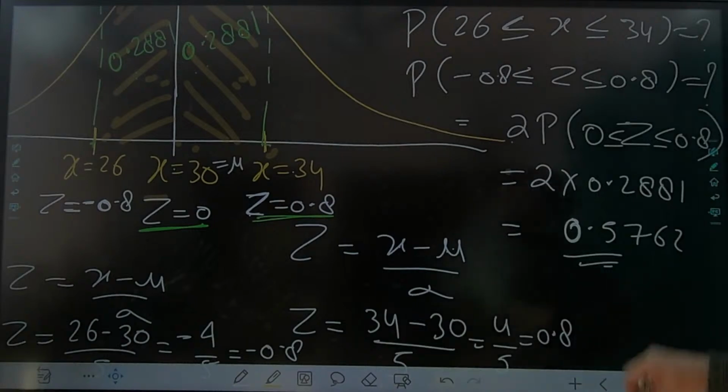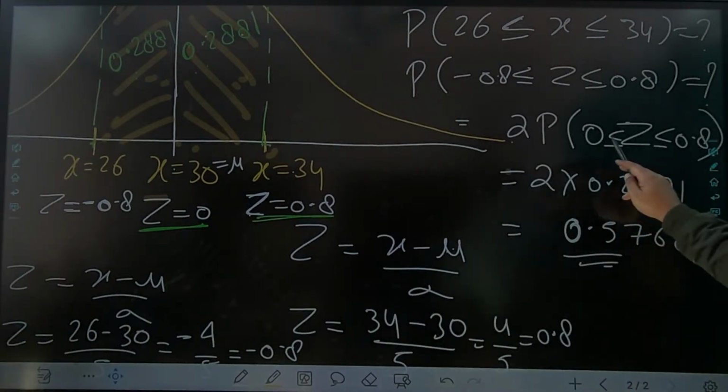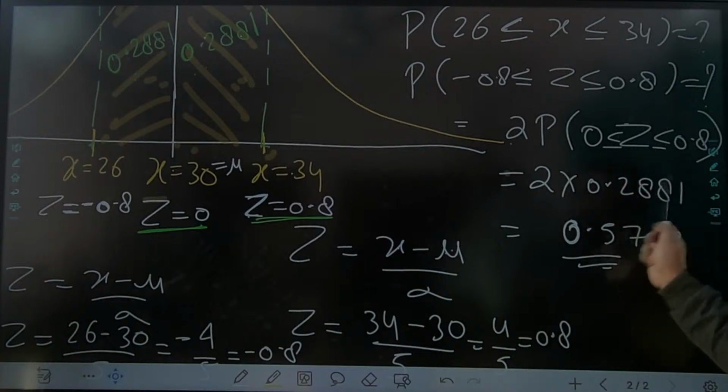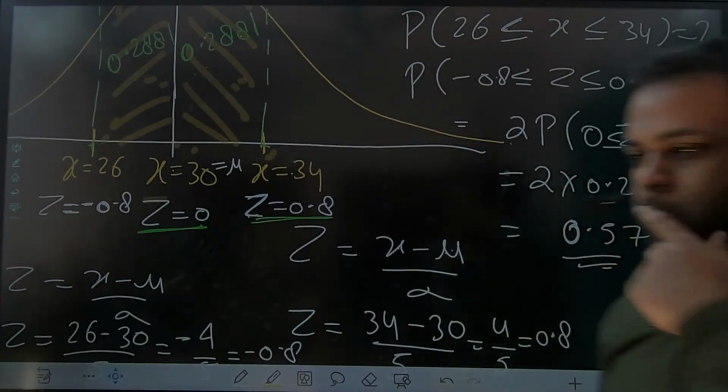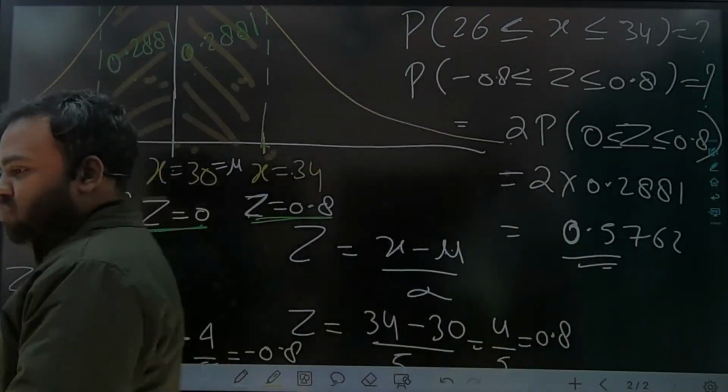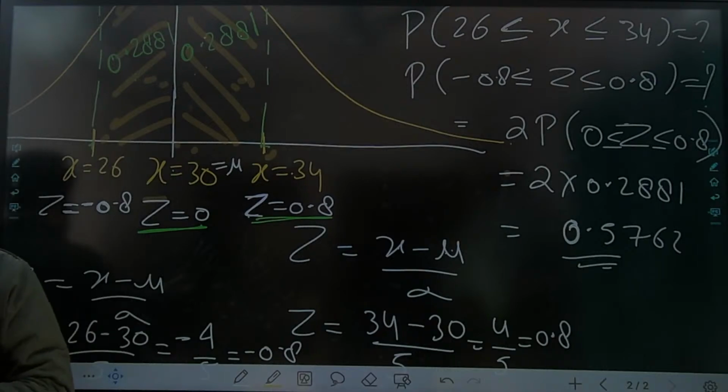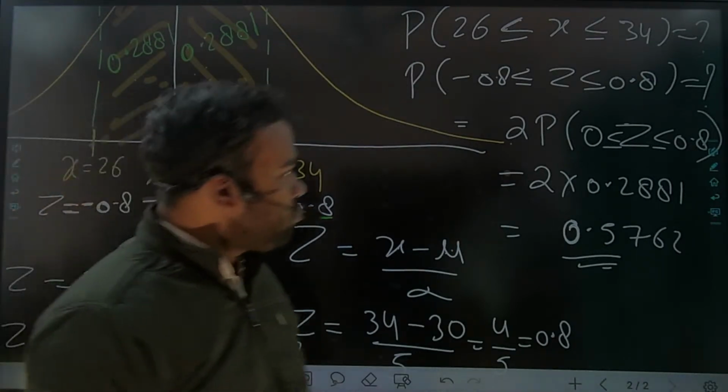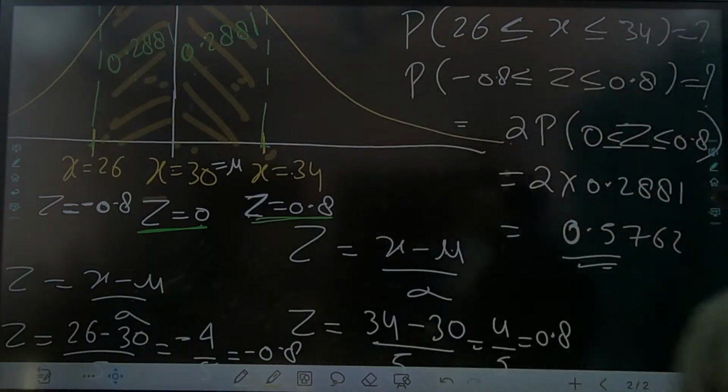That is why they intentionally gave me the z-score area from 0 to 0.8, because it was used in this problem like this. Okay, so this we have done here.